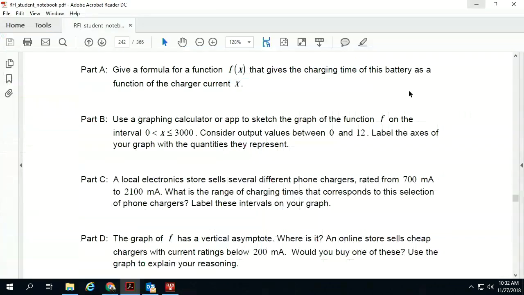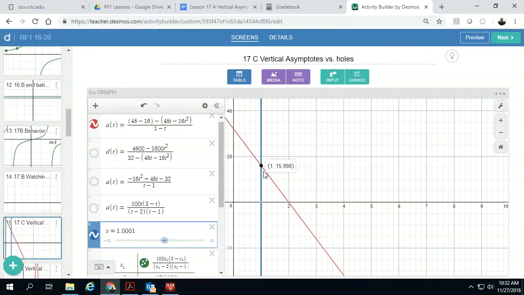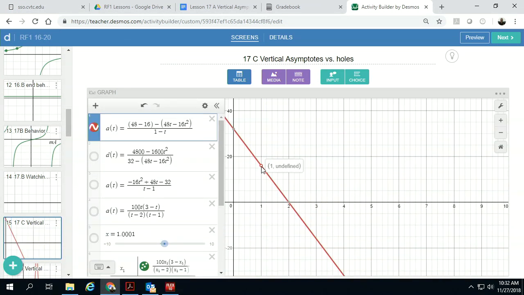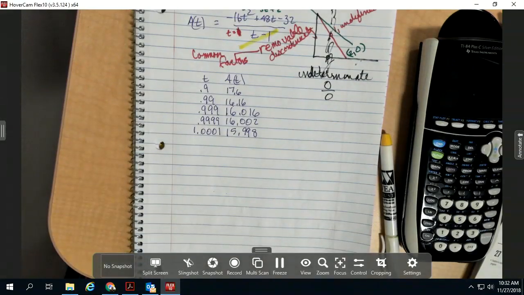Okay. So while it says at 1, the value is undefined. As you get closer and closer and closer to 1, what answer does your function get closer and closer to? 16.